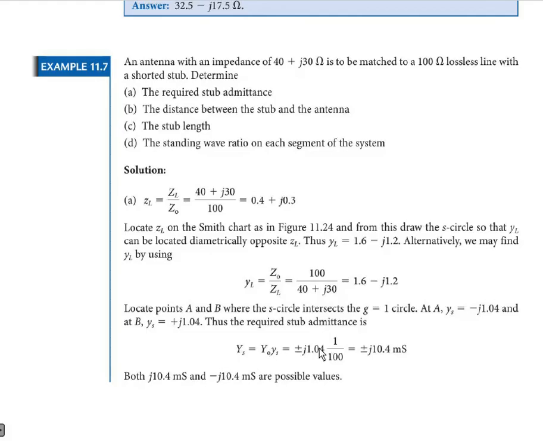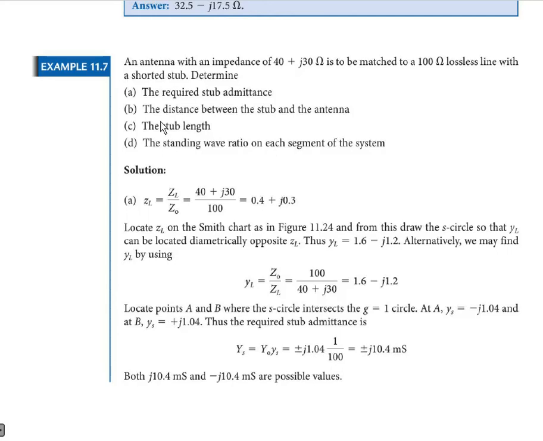So here it is plus or minus J1.04. This is the normalized value. To get the real value, you should multiply it with 1 by Z0 or Y0. So you will get plus or minus J10.4 millisiemens. That is the required stub admittance.